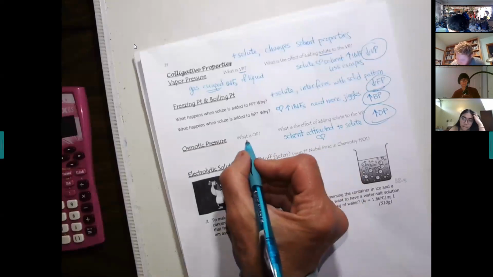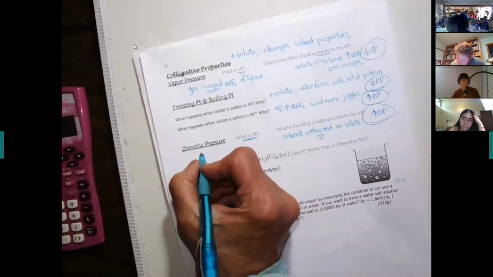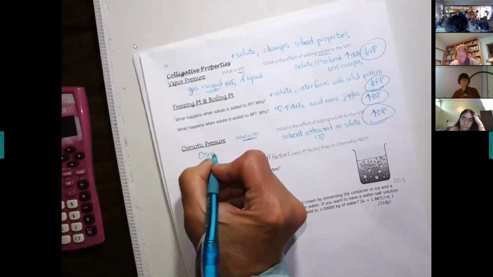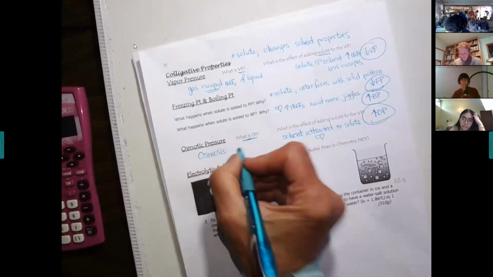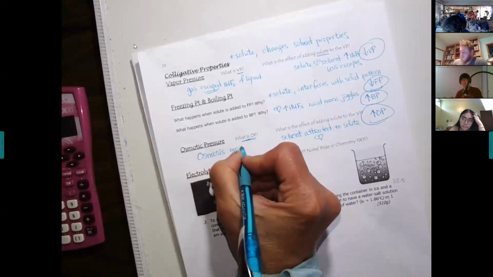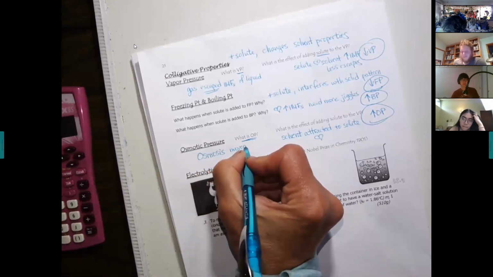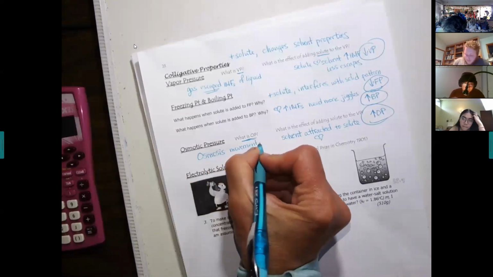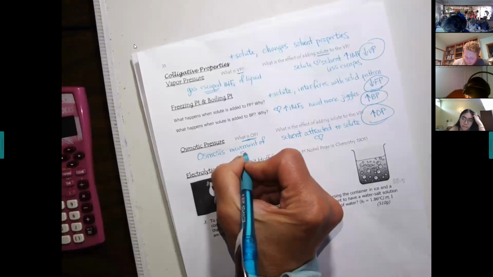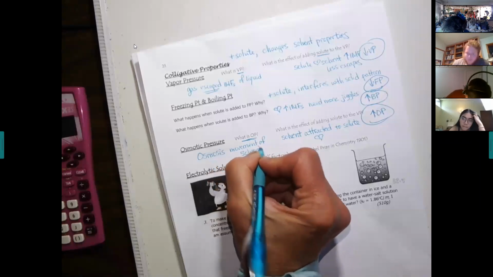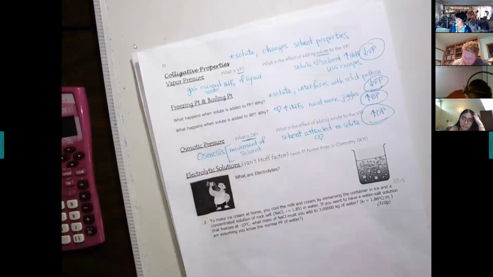So osmotic pressure or osmosis, just a reminder, osmosis is the movement of the solvent. So this is all about the solvent. And so osmotic pressure would be the pressure to go against that. Reverse osmosis is when you can make the solvent move the other way.